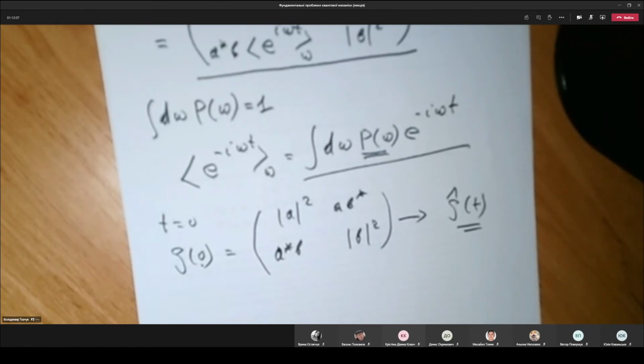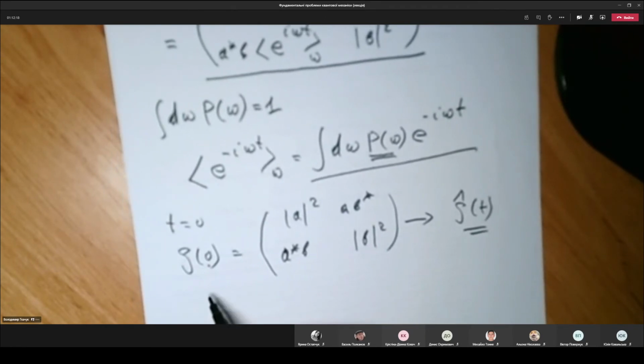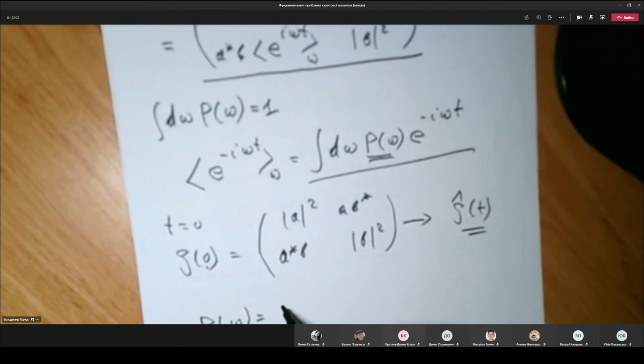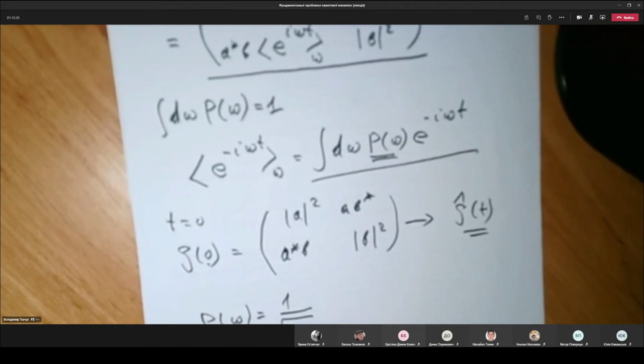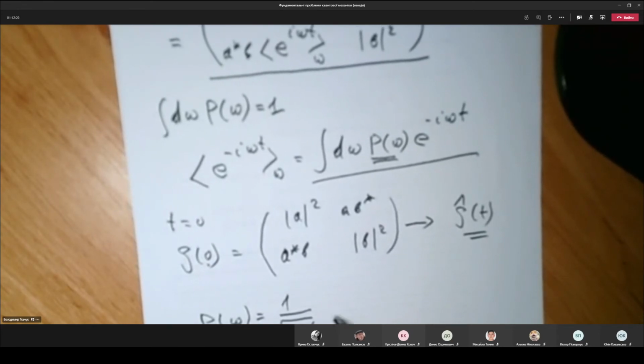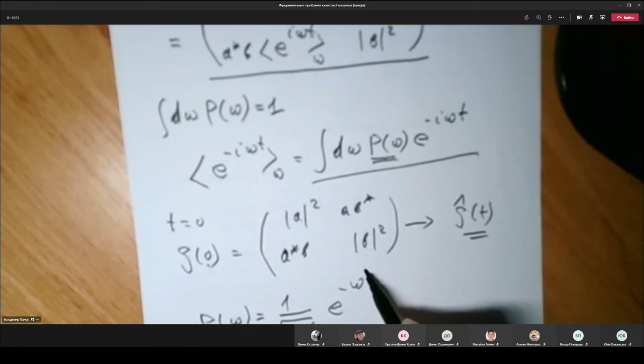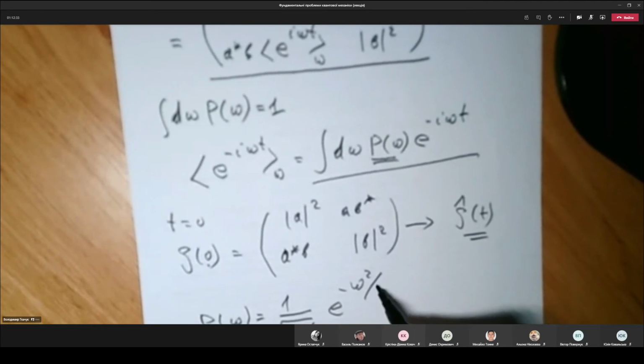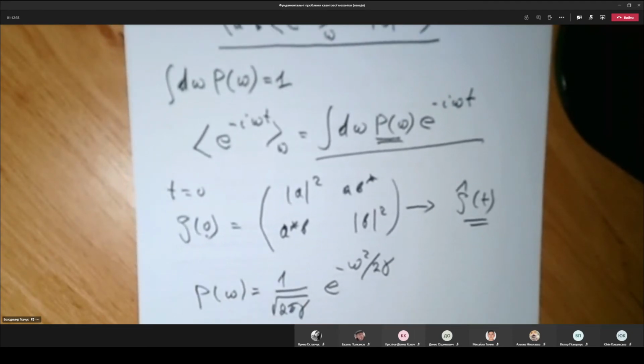And now let us consider some special distribution function. For instance, let us consider a Gaussian distribution function p as a function of omega. It will be 1 over the square root, a normalization constant. And in such a form, we can write this distribution function.